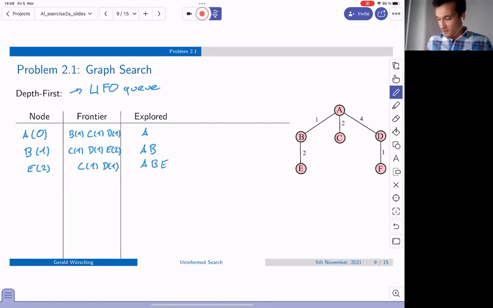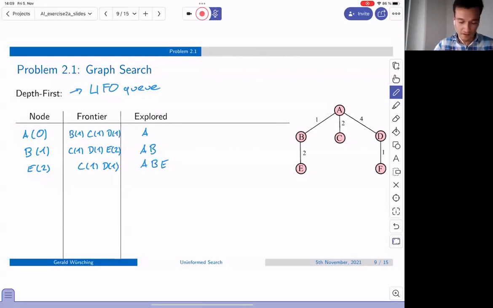Okay, good. Then next step, pretty simple in this case. What do we choose? Okay, yeah. So 2 people wrote C, 1 person wrote D. It's actually C. Why is it C? Because both nodes have the same depth. We said in the exercise that if they have the same priority, we choose the one that's first alphabetically.